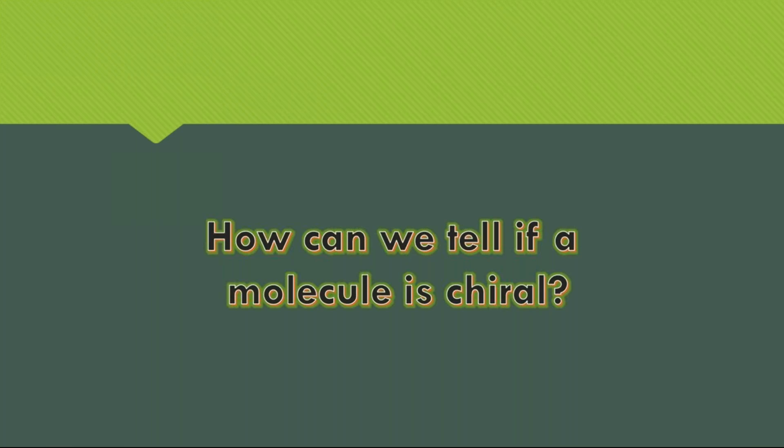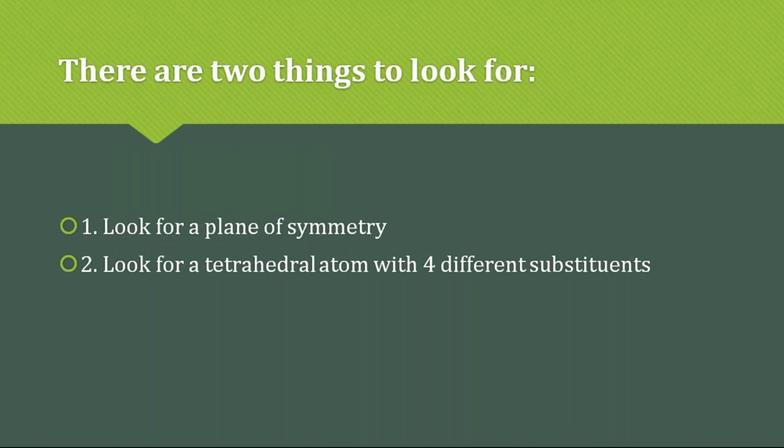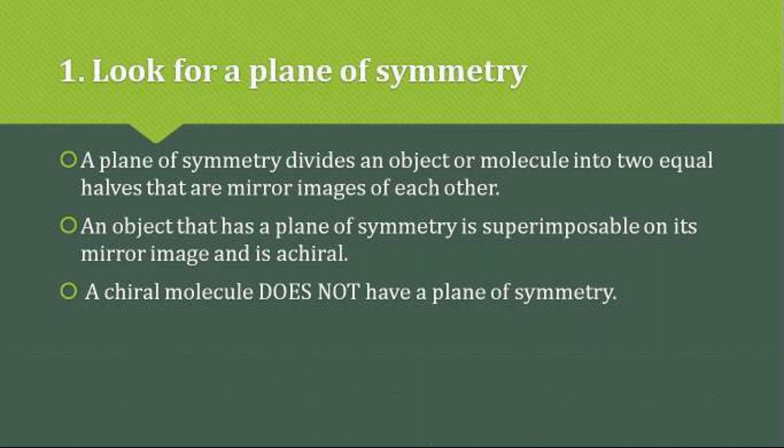How can we tell if a molecule is chiral? Two things you need to check for chirality. One is to look for a plane of symmetry. Second, look for a tetrahedral atom with 4 different substituents. If you see this, you'll know whether the compound is chiral or not.